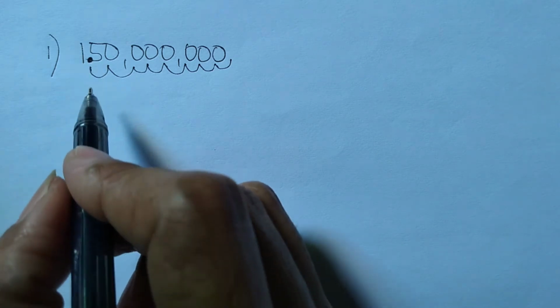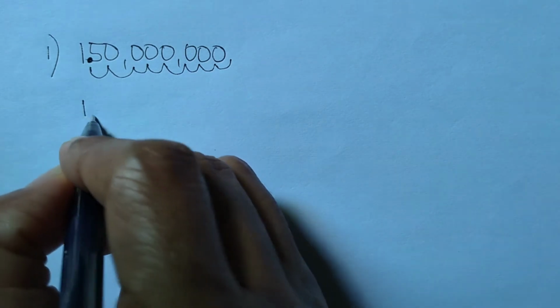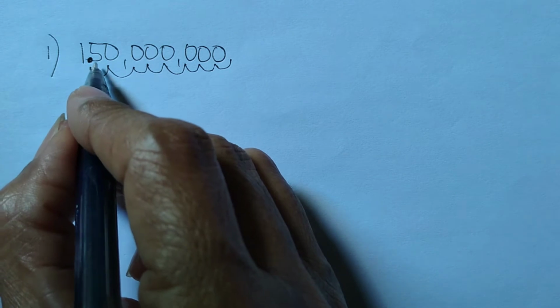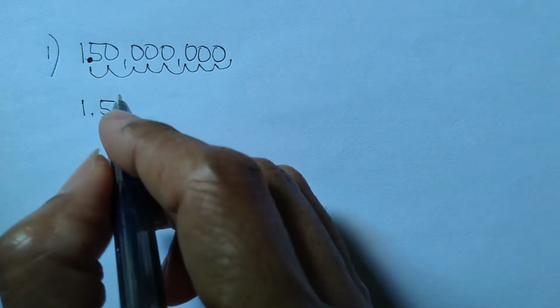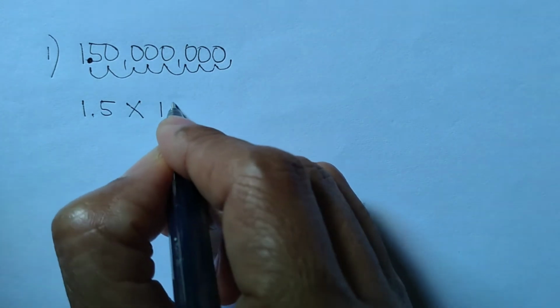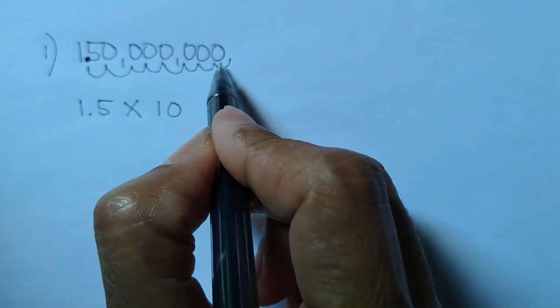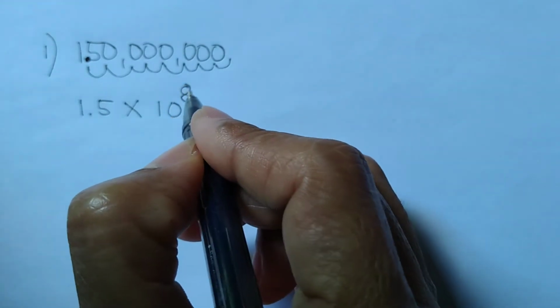So how are we going to write it in scientific notation? So we have 1.5. You should include 5 because 5 is still a significant digit. So 1.5 times 10 raised to the power of, we moved 8 times, so 10 raised to the power of 8.